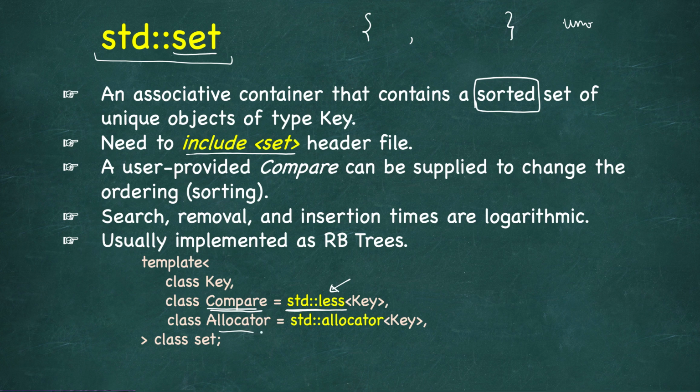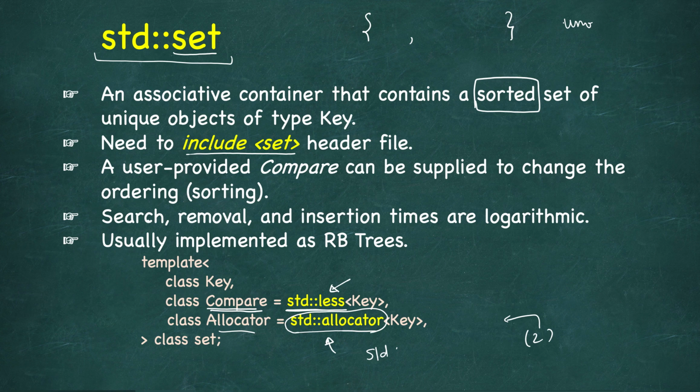An allocator is there, which is the default std::allocator. If you want to know more, you can study about it, and you can create an int pointer and then call allocate 2, 3 in order to allocate space for 2 integers, 3 integers, and so on.